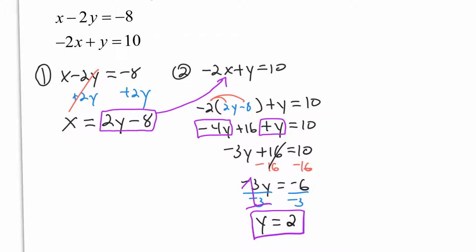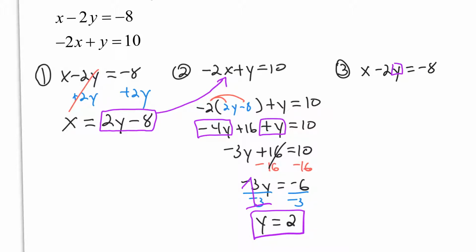So now we have the y, we need to find x. So my third step, you guys will choose one equation. You go back, doesn't matter which one. I like the top, so I'm going to use that one. And I'm going to write it down first. X minus 2y equals negative 8. And I'm going to substitute 2 into the y.